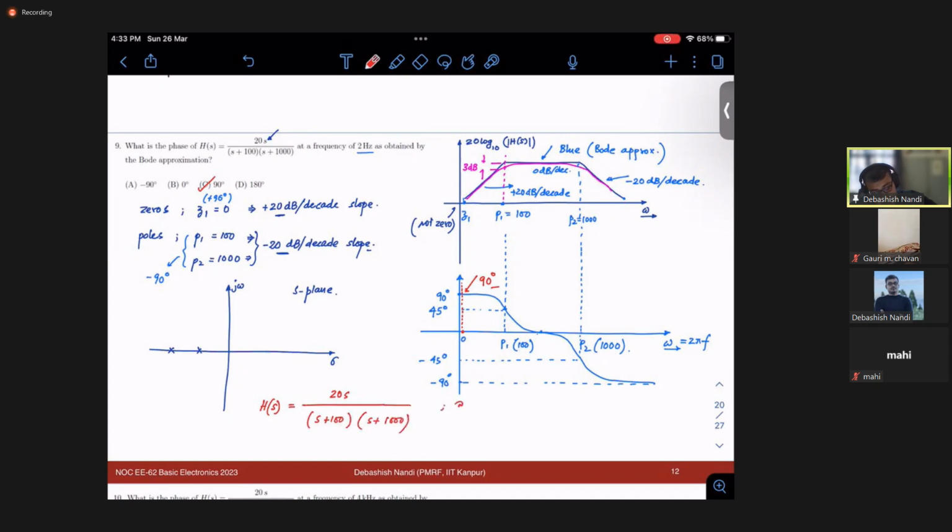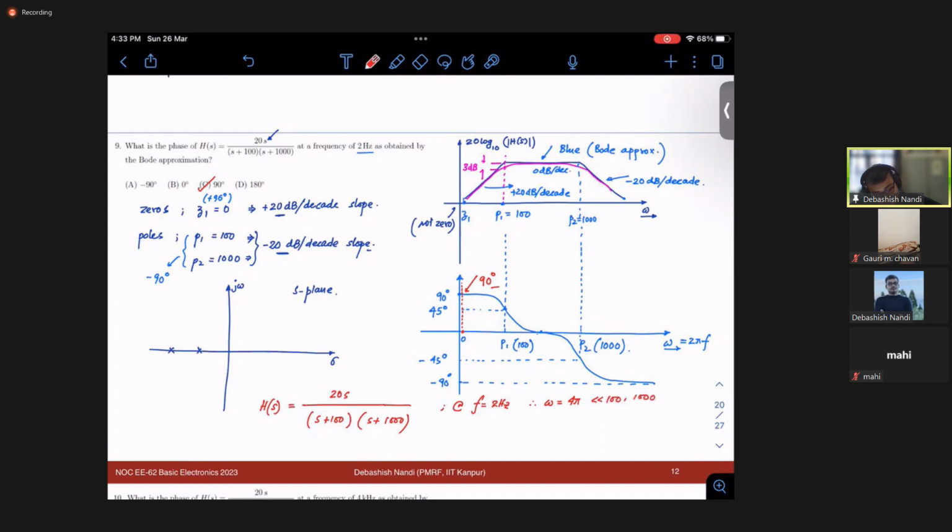So at f equal to 2 hertz, that means omega equal to how much? It is 4 pi, right?